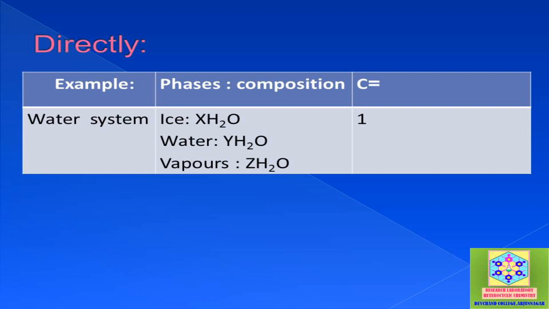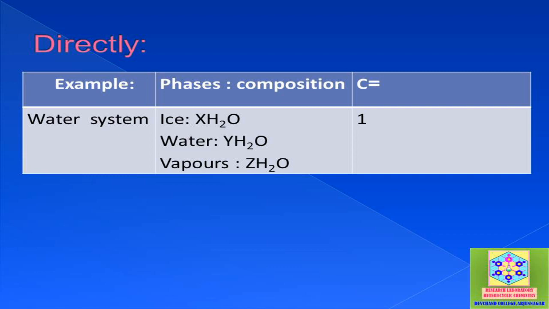For example, how can we directly express the composition? The water system has three phases. If we need to express the composition of the solid phase, we require only a single formula, H2O.